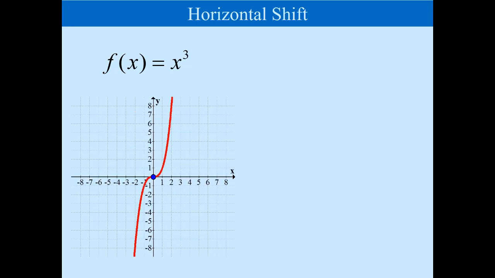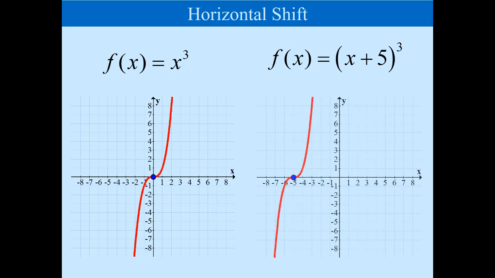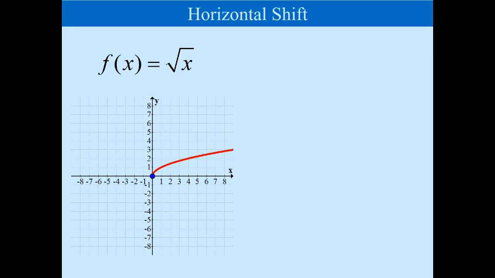Here's another example. All of these are things which you can type on your calculator without any issue. If you type x plus 5 raised to the third power, that's going to shift the graph 5 units to the left. Here's the graph of square root of x. Well, the square root of x minus 11, we've replaced the x with an x minus 11.